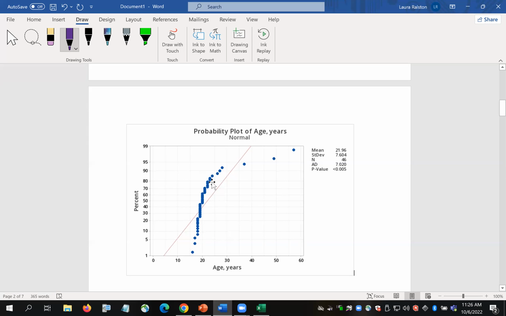You can see visually they don't really gather around that line. So visually it doesn't appear to be normal, but I can also verify that.